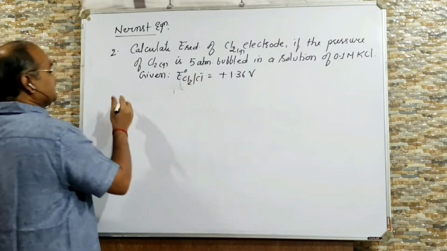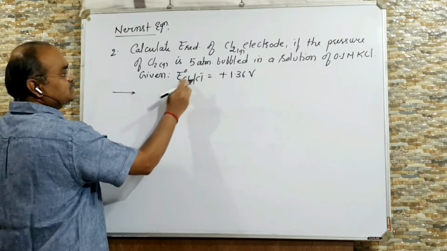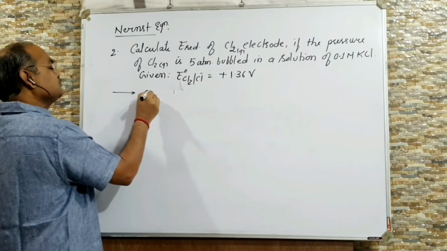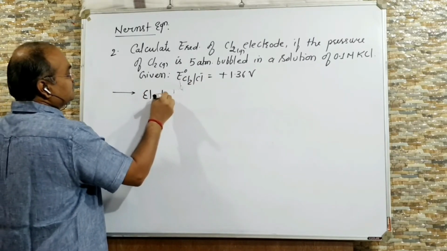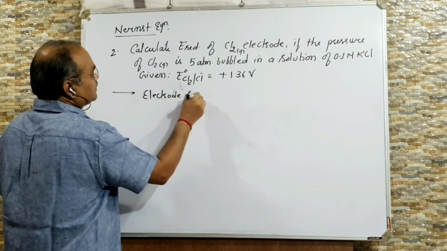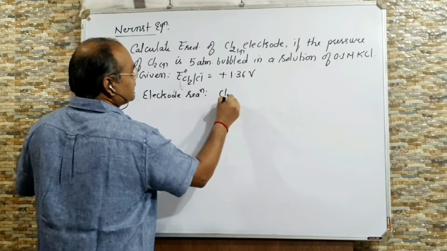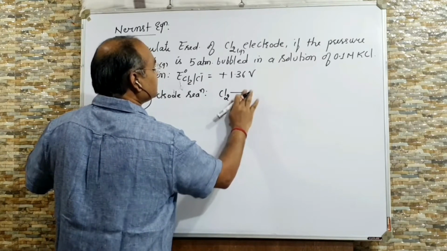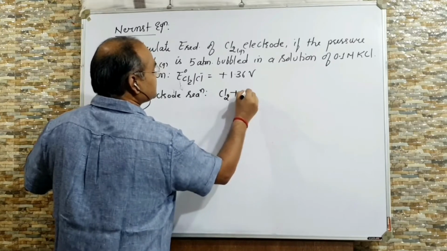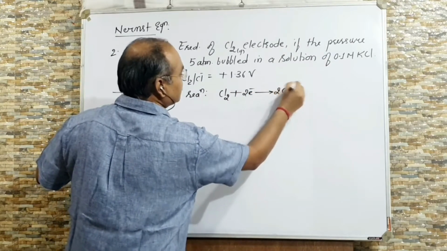Now in case of gas electrode, first of all you write the reaction. Cl2 is converted to Cl minus. So you can write the electrode reaction. What will be the reaction? Cl2 gas takes 2 electrons and gets converted to 2 Cl minus.